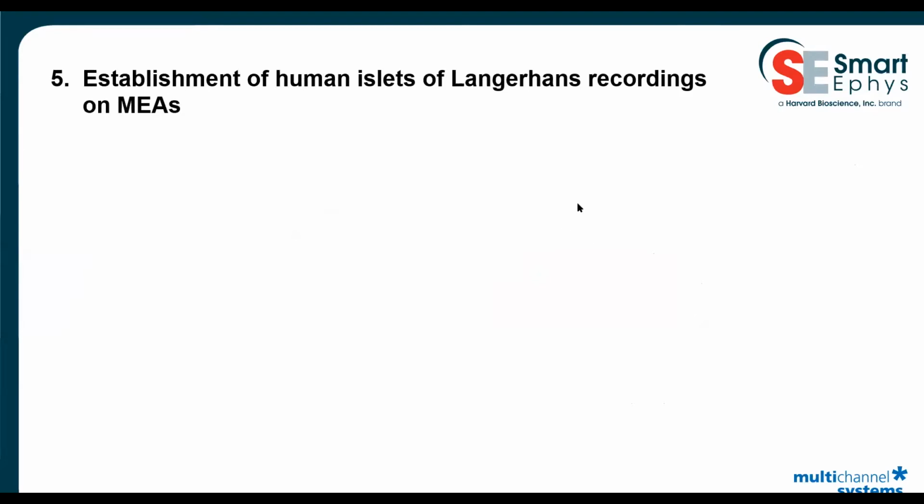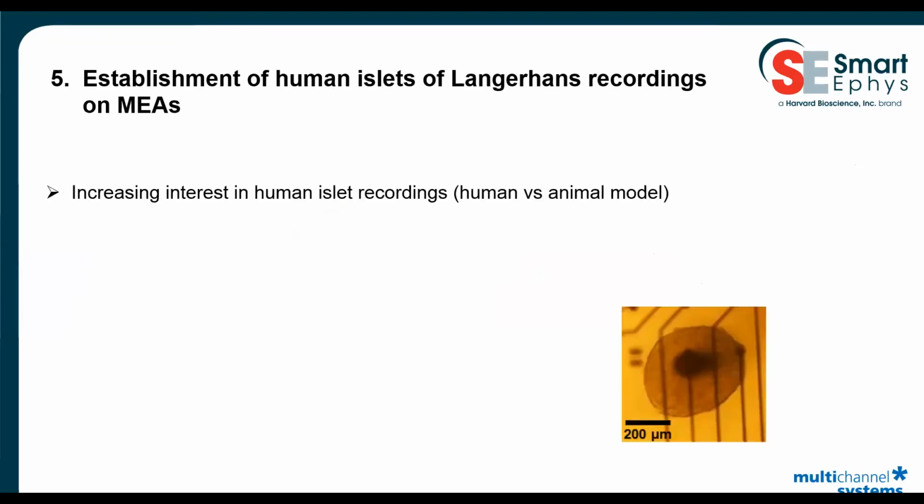But before, I will also talk in my last section about the establishment of human islet recordings on MEAs. And of course, there's an increasing interest in human islet recordings, because in the last 5 or 10 years, scientists found more and more differences between human islets and the animal models.